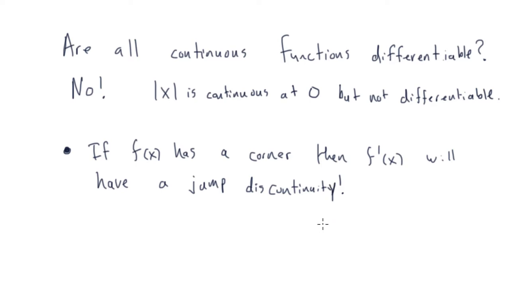This isn't too hard to see because meeting in a corner just means that the two slopes are not lining up. So if I think about the derivative function telling me the slope everywhere, like for absolute value of x, to the left of 0 the slope is -1, but then at 0 it jumps up to 1. So there's a jump discontinuity in the derivative function.